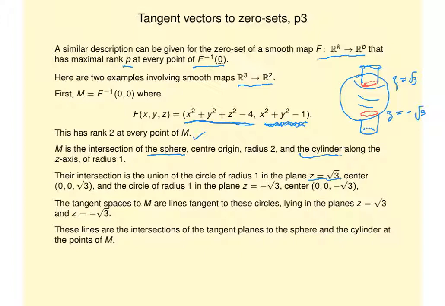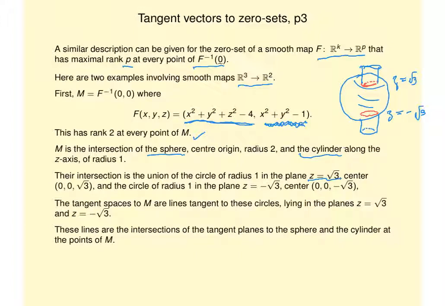And the tangent spaces or tangent lines to these circles are lines that lie in these planes z equals root 3 or z equals negative root 3, just in the ordinary way of tangent lines to the circle.